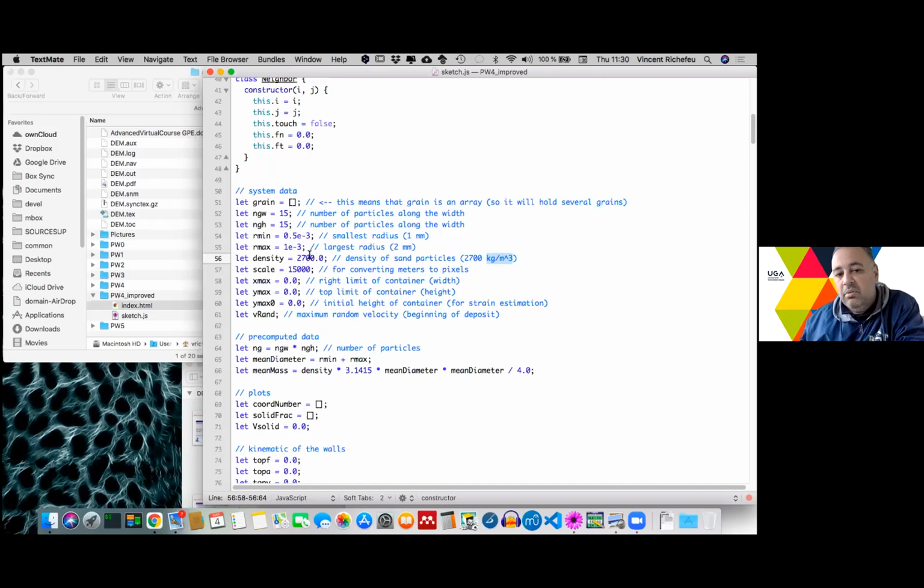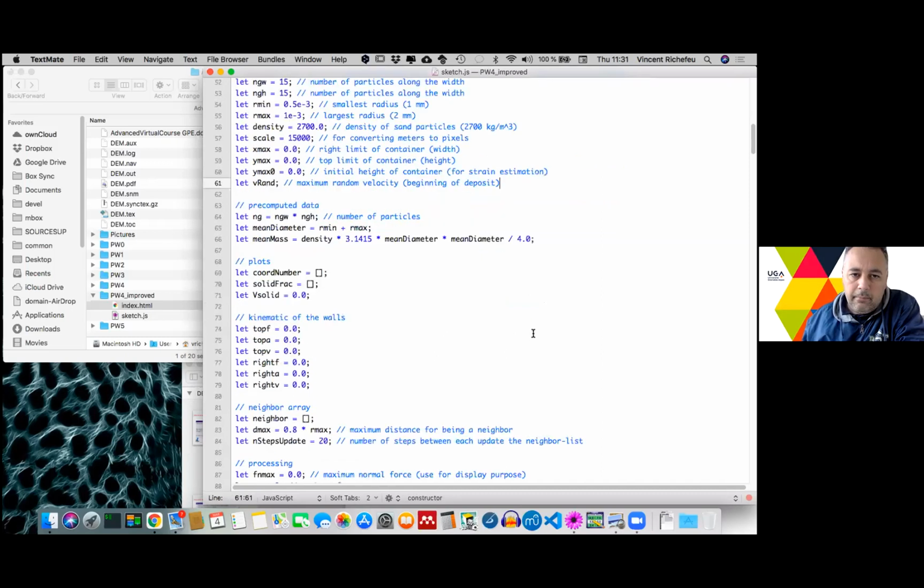It corresponds to the density of soil particles. Sky is for display things. X max is the position of the right wall. Y max is the position of the top wall. That one will be the position to compute the strain. And here a velocity to add an agitation at the beginning.